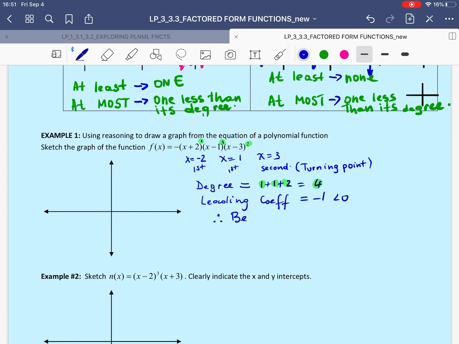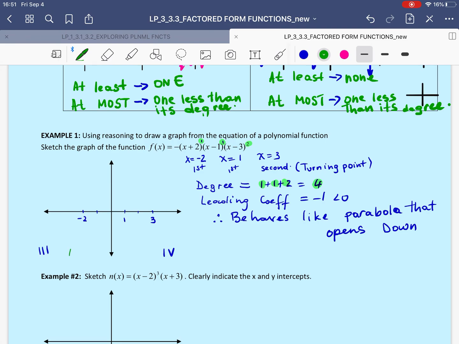So we're going to say that the graph will behave like a parabola that opens upside down, that opens down. Which means that the graph must extend from quadrant 3 to quadrant 4. And now I'm going to plot the intercepts. So we have the intercepts at negative 2, at positive 1, and at positive 3.